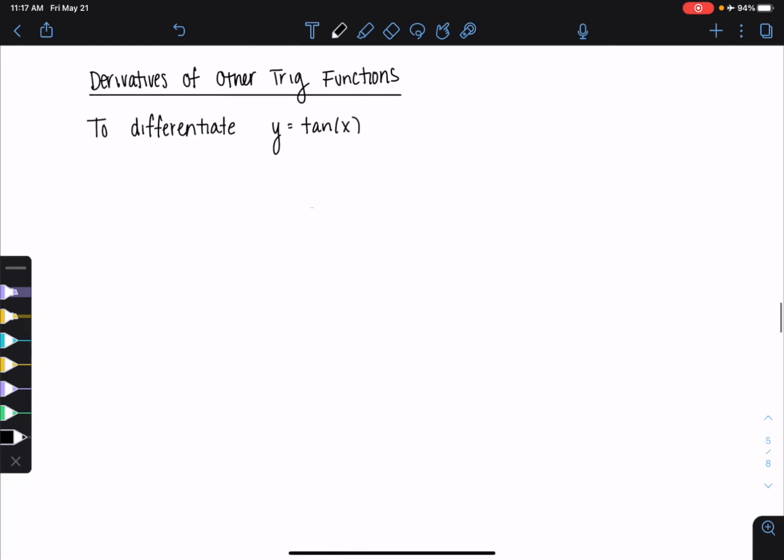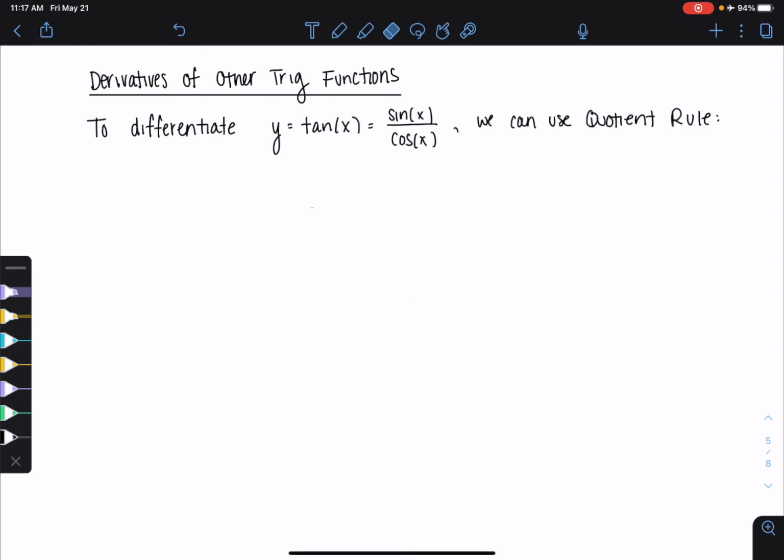Now that we've got this quotient rule under our belt as well, we're going to go back to the rest of those trig functions. So we saw the derivatives of sine and cosine using those special limits that we talked about. We're going to start by just working with tangent of x because the others are going to be super similar. If I want to differentiate tangent of x, remember it's just sine over cosine.